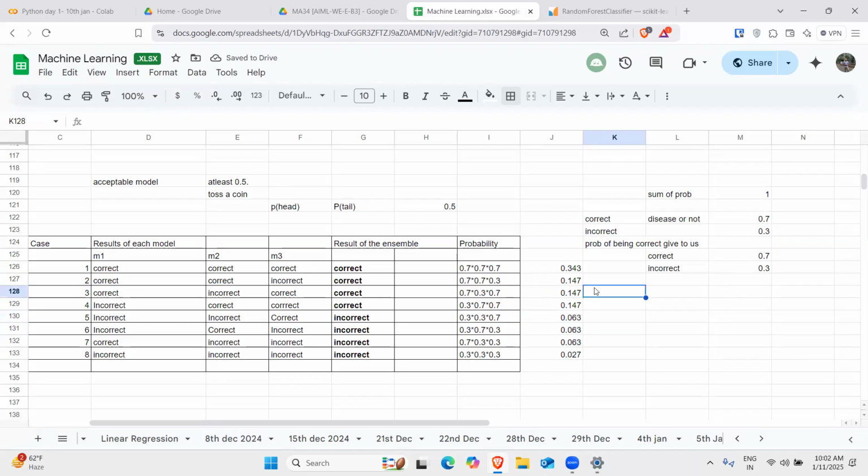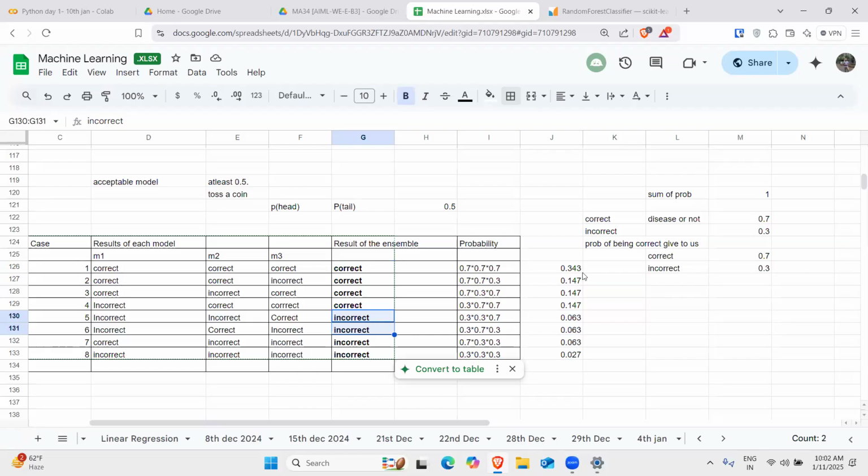Now in this table, there are 4 cases each where the decision of the final model is either correct or incorrect. Let's assume that the probability of the ensemble being correct is P and the probability of the ensemble being incorrect is Q. So for all the data in the table, P and Q can be calculated.